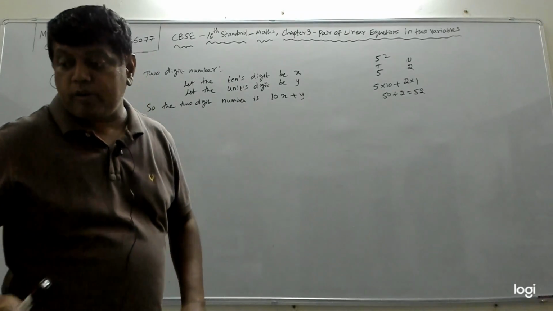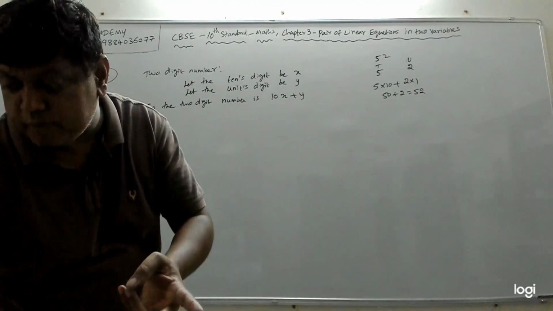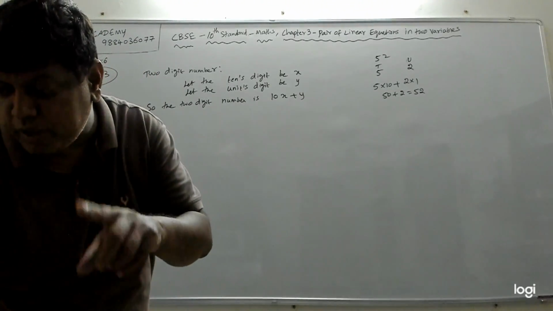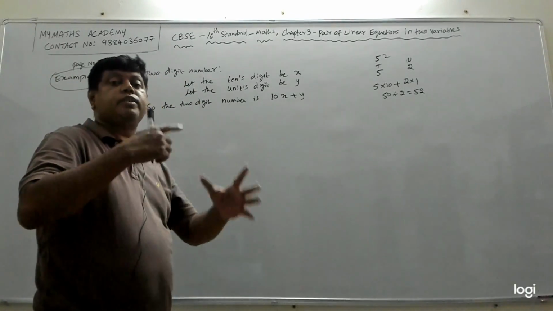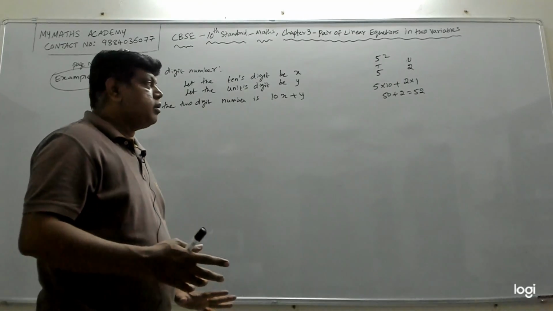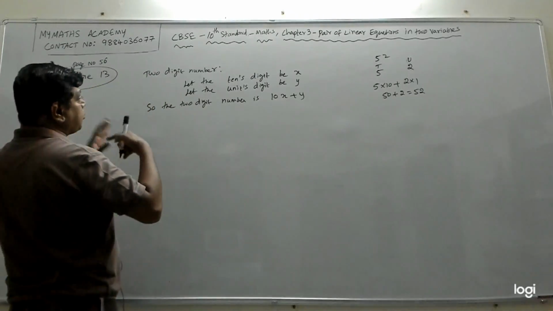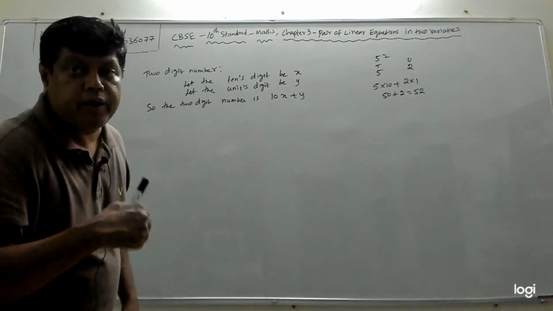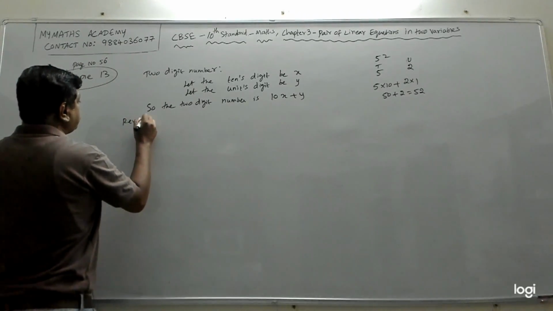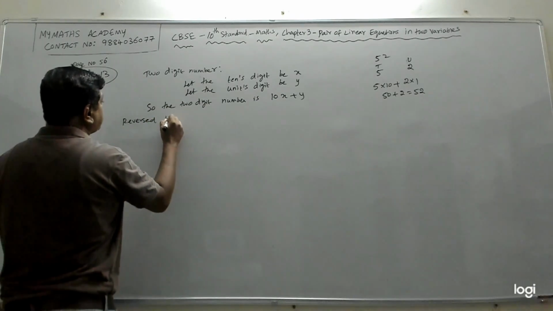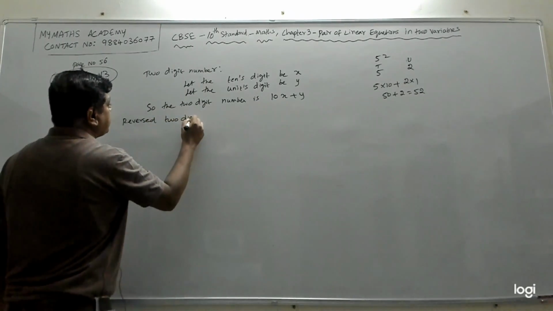And then see whether the question is talking about reversing the digits. It also says the number obtained by reversing the digits, so it is talking about reversing the digits also. The moment it talks about reversing the digits, we need to write the reversed two-digit number. We should define this also.